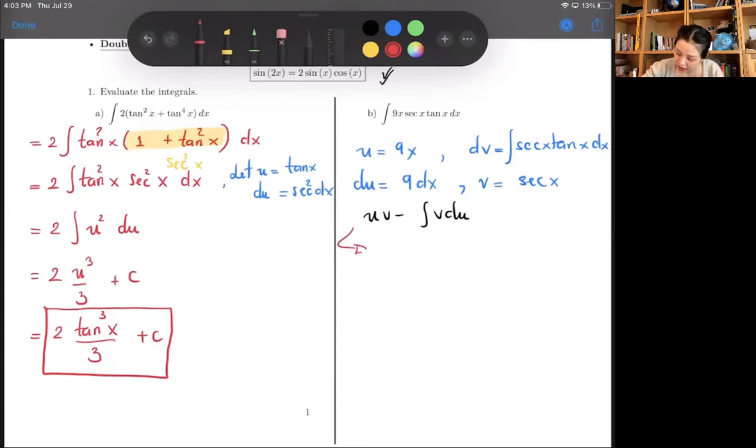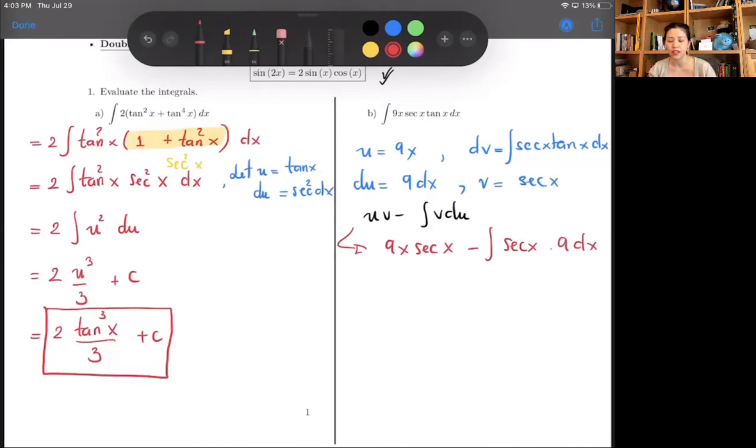U is 9x, so 9x, v is secant x, minus the integral of v du. Secant x, du is 9 dx.